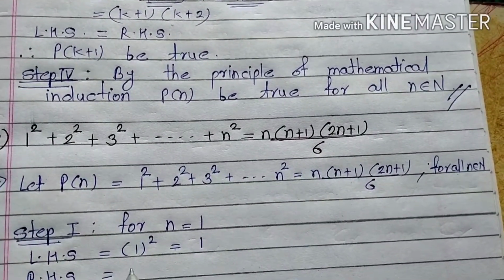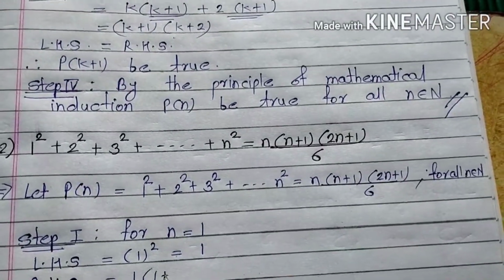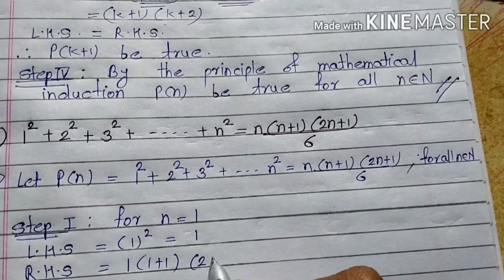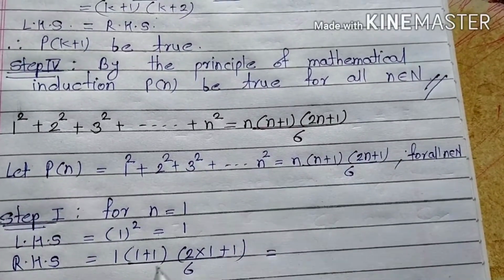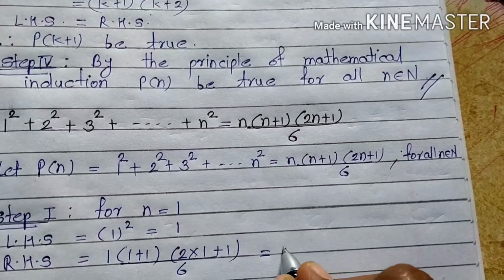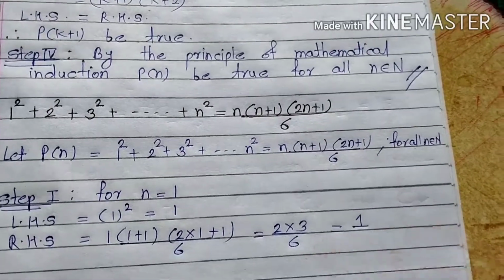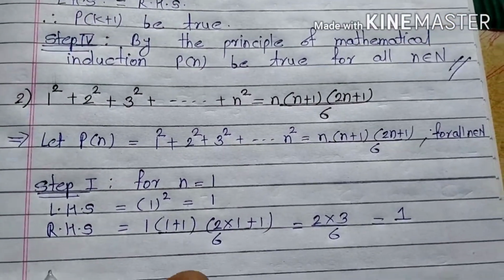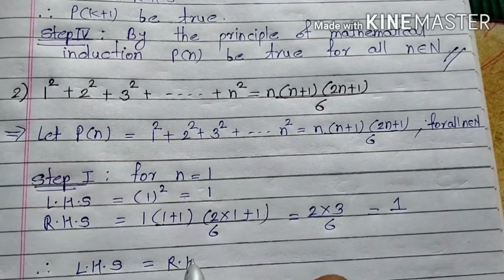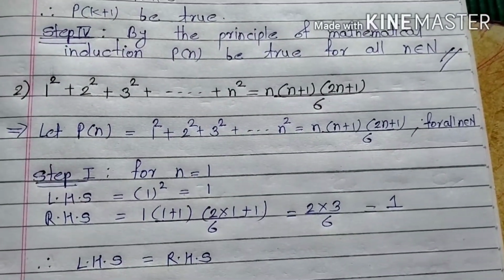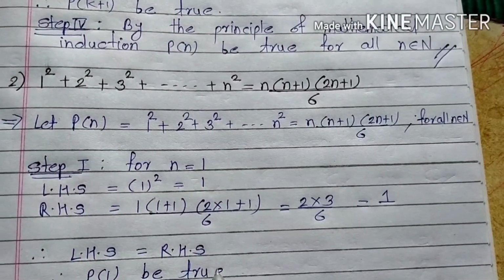RHS is equal to 1 into 1 plus 1 into 2 into 1 plus 1 upon 6. So it is 1 into 2 into 3 upon 6, which is equal to 1. So you can observe that LHS is equal to RHS. So therefore P of 1 be true.